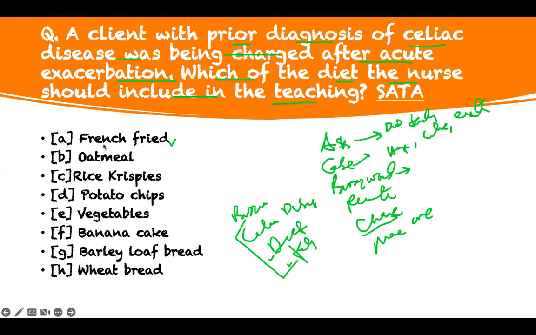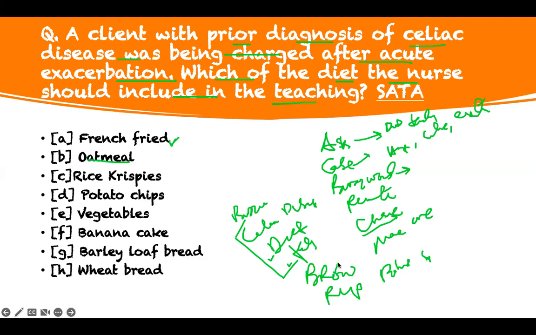So French fries. Can you eat French fries? You tell yourself, well, celiac disease, you cannot eat wheat. But there are other things they should avoid, like hot dogs, soya sauce, chocolates. So French fries, it's okay. Oatmeal.